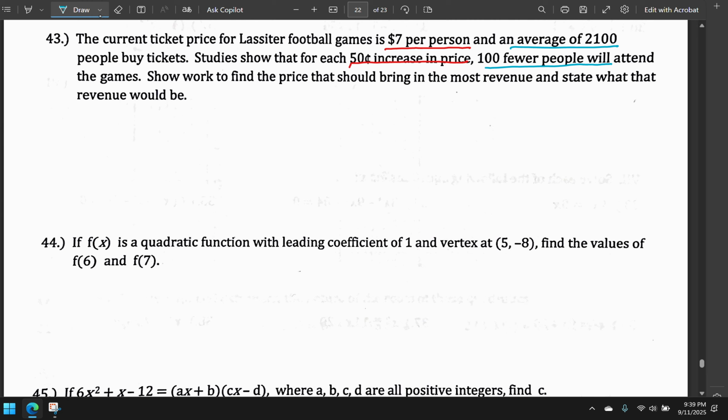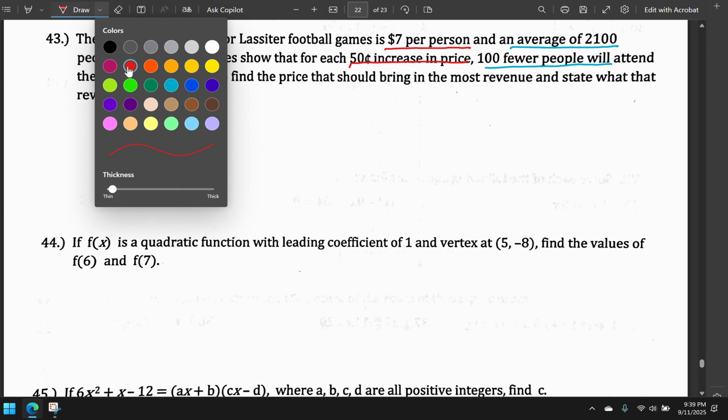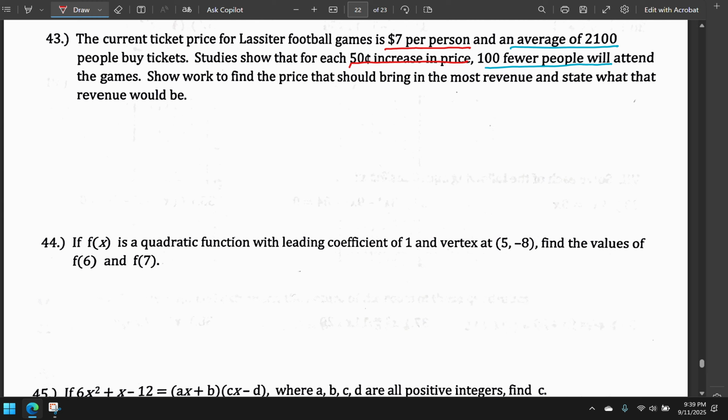Okay, so to answer this question, we need to model a quadratic function. Now, there are two quantities that we need to coordinate here. We have the price and how that price is changing, and we have the number of people and how that's changing. Price is in red, the number of people is in blue. So let's create the price equation first. We're starting out at $7 per ticket, but we are increasing the price by 50 cents, so plus 50 cents each time we increase the price.